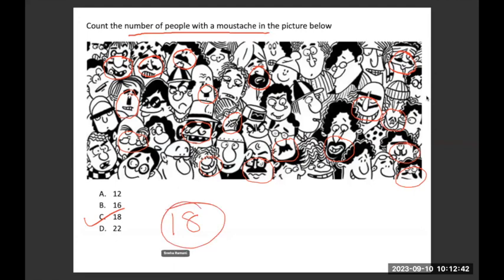So 18 faces are there in this figure with mustache.